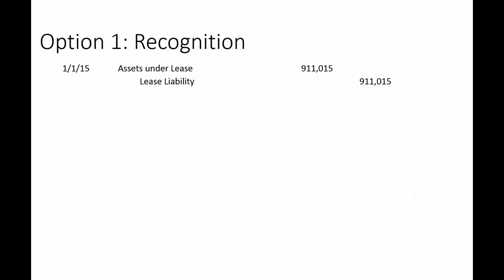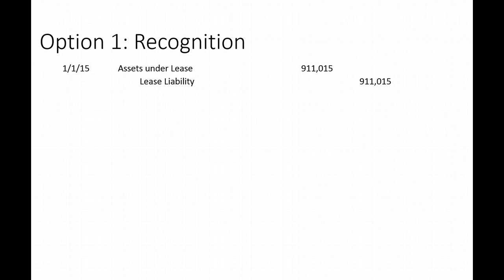The second journal entry that happens on January 1st is that we recognize our first lease payment. Now, since the first lease payment is also occurring on January 1st, there's no interest expense associated with this. Remember that we followed the usual pattern of taking the book value of the liability, multiplying it by the appropriate interest rate, and multiplying it by the portion of a year for which the liability has been outstanding.